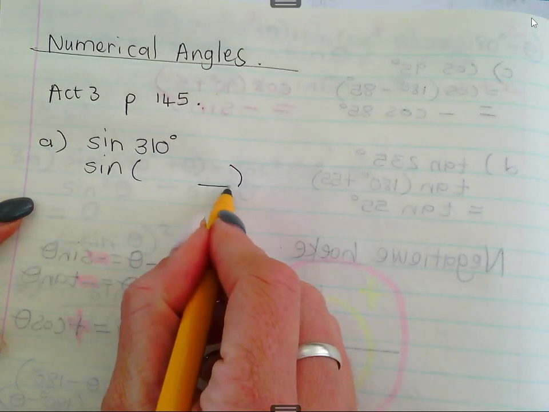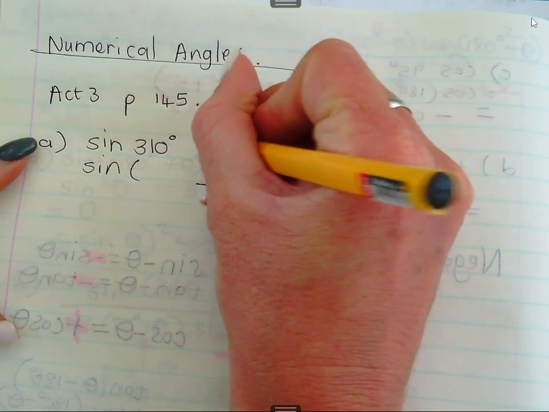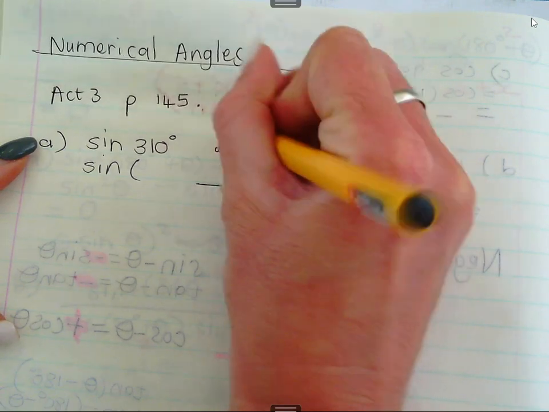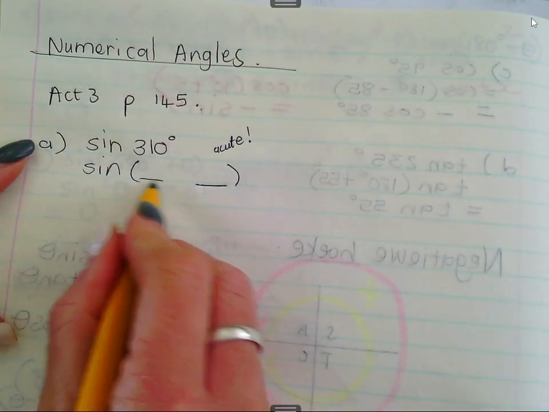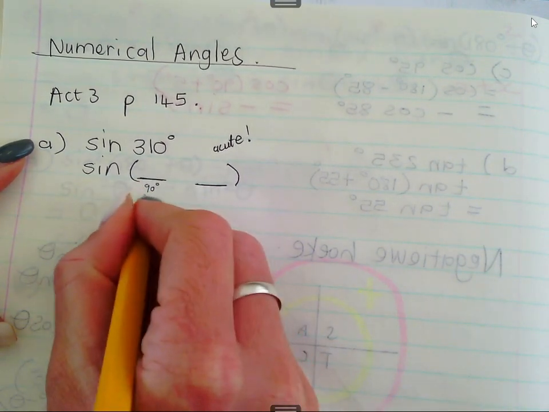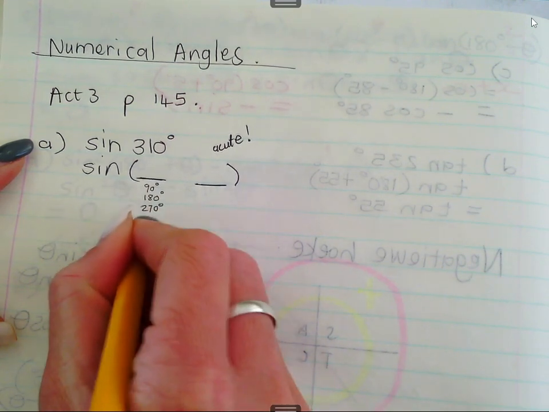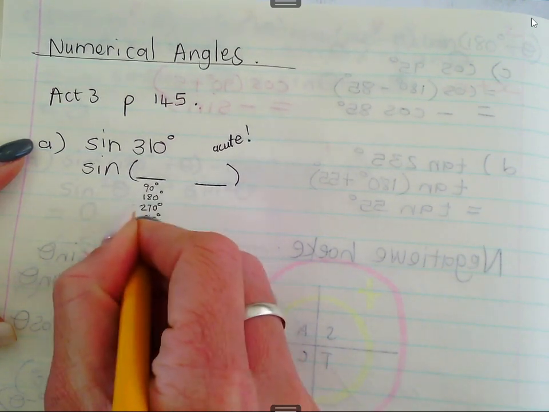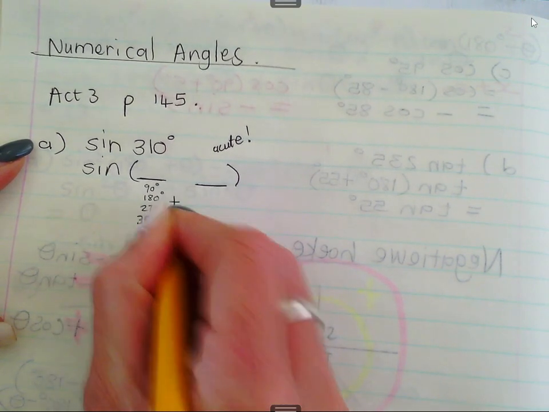The value that I'll have here has to be an acute angle. The value here can either be 90 degrees, 180 degrees, 270 degrees, 360 degrees, plus or minus.